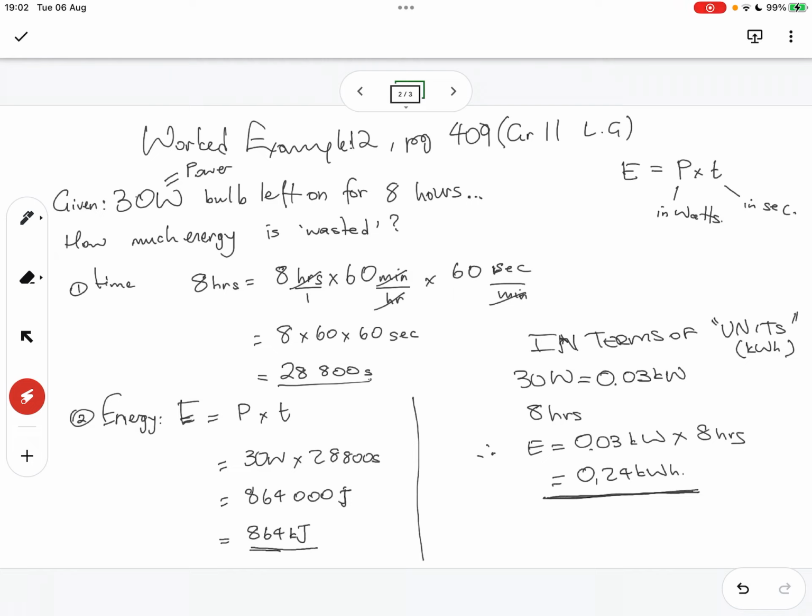It's better, ne? So for fun, I just thought maybe we could calculate that in terms of the units that we use when we're buying electricity from our power utility company.